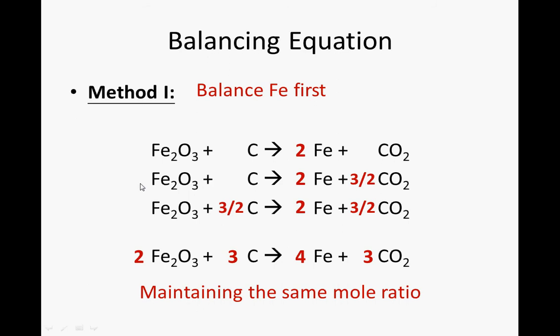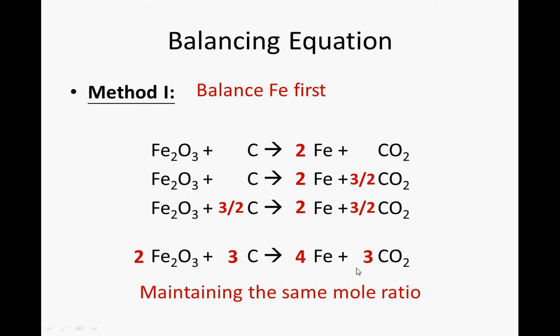Then the ratios will still be the same. So we multiply 2 becomes 2, multiply 2 becomes 3, multiply 2 here becomes 4, multiply 2 here becomes 3. So we say that it is the simplest mole ratio, and now the equation is done.